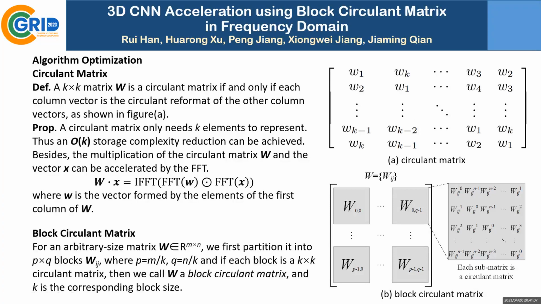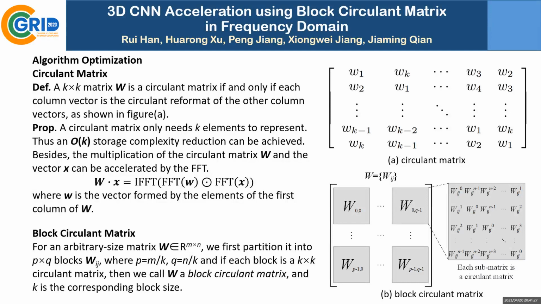Circulant matrix has many interesting properties. The most important property is that a circulant matrix only needs k elements to represent. Therefore, a big O(k) storage complexity reduction can be achieved.